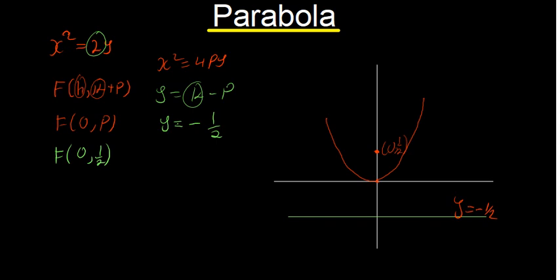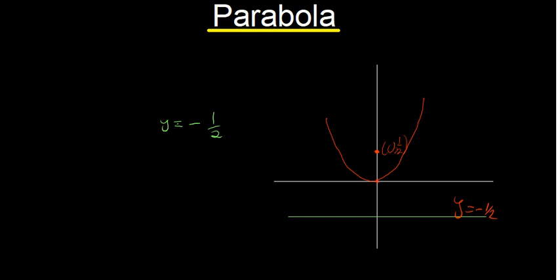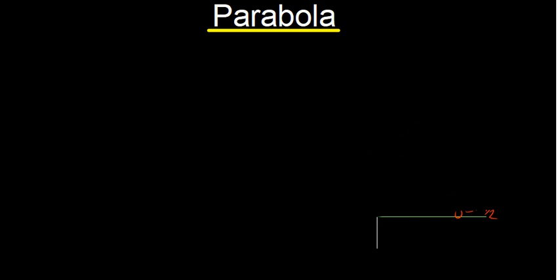Okay, let's look at the second question. The second question is slightly different from the first one, in that it's not only on the x-axis, but it has a negative. It's interesting. Now let's check it out. So we have y squared is equal to minus 4x.